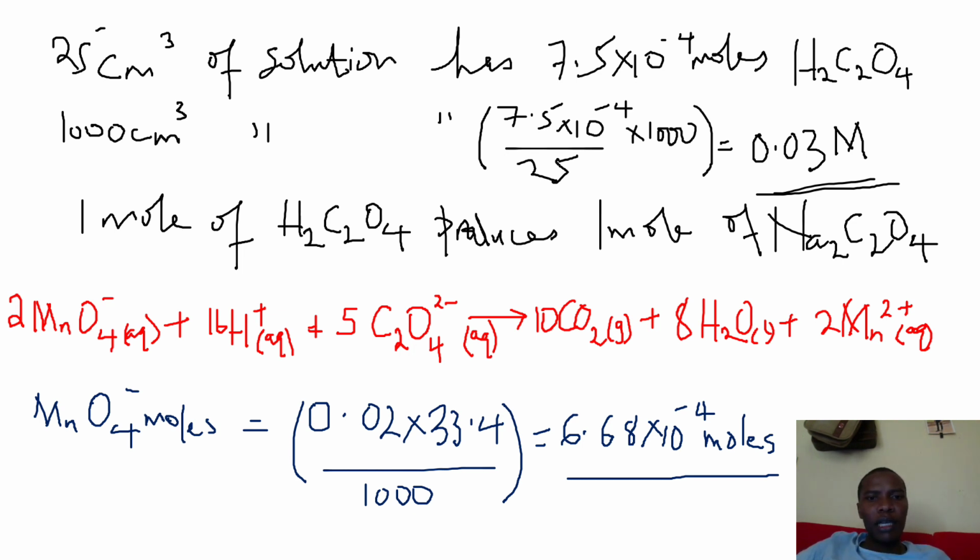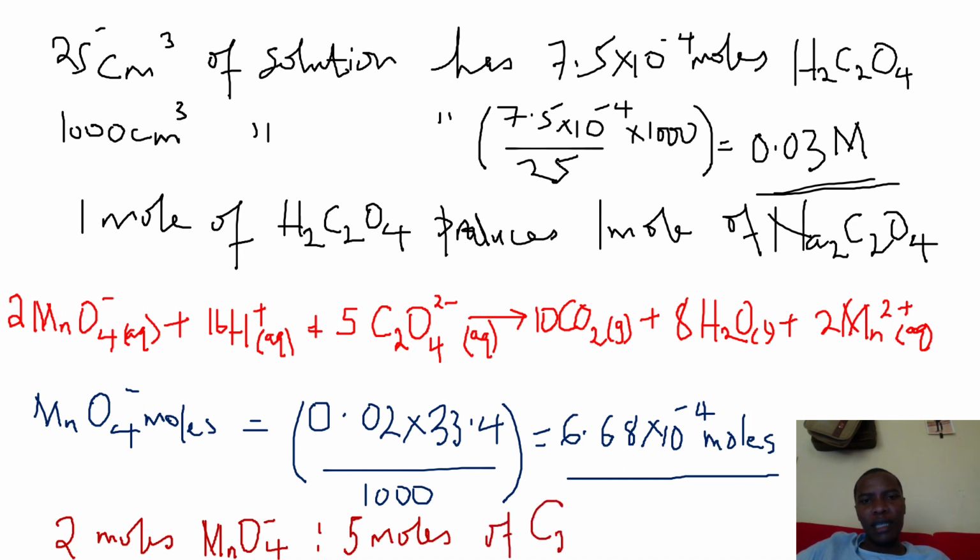So looking at the fact that 2 moles of the permanganate, you can just write MnO4⁻, is reacting with 5 moles of the oxalates. You just write it like that in ionic form to save time.